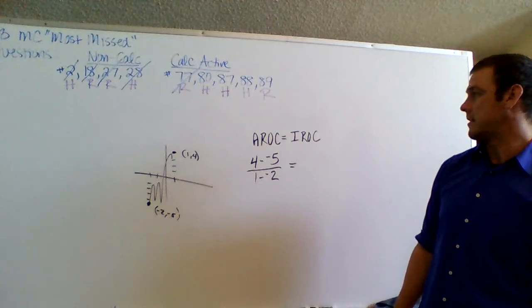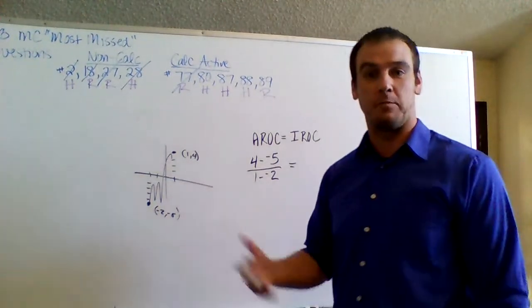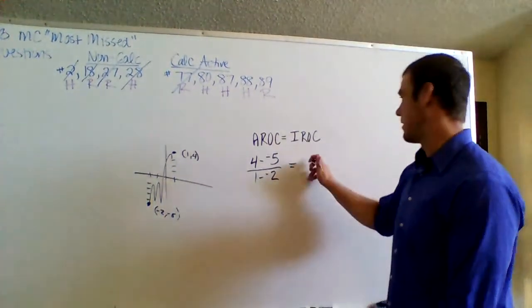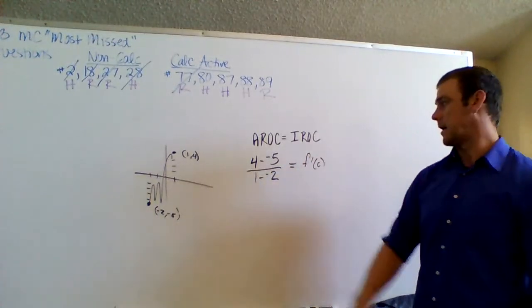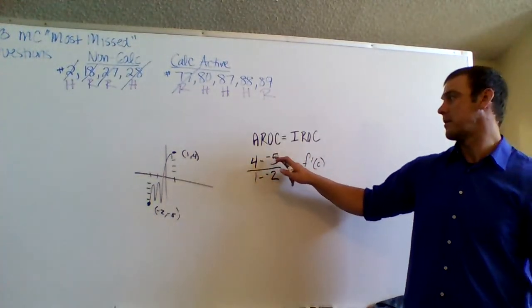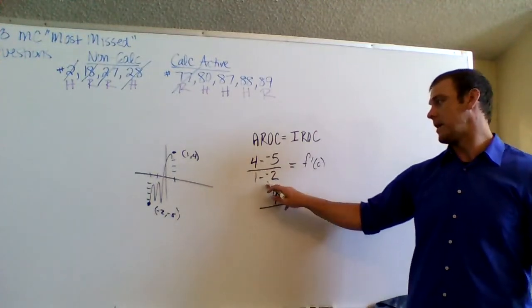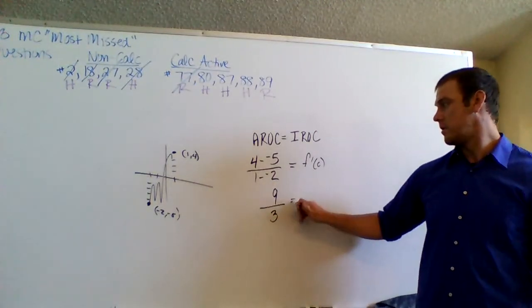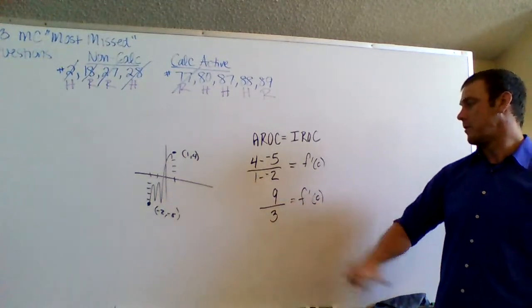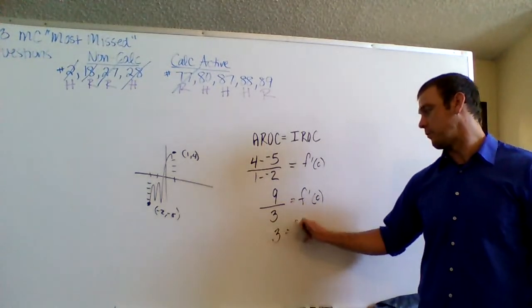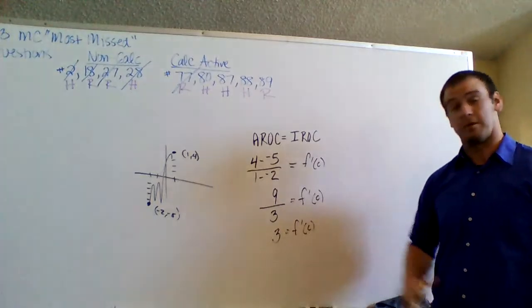Over the instantaneous rate of change, they're saying that must equal 0 here. So this is really going to be 4 minus negative 5, which is 4 plus 5, over 1 minus negative 2. So really what MVT is guaranteeing here is that f prime of c must equal 3.